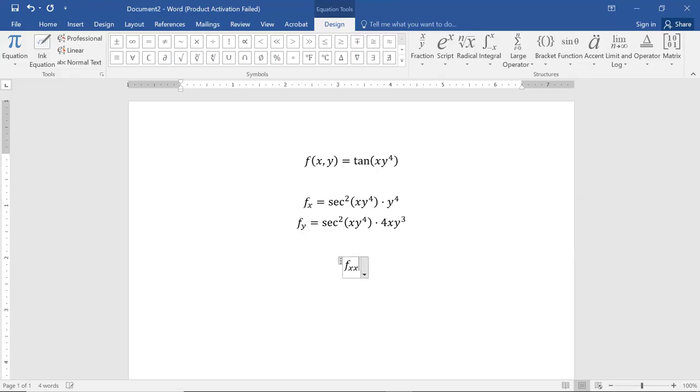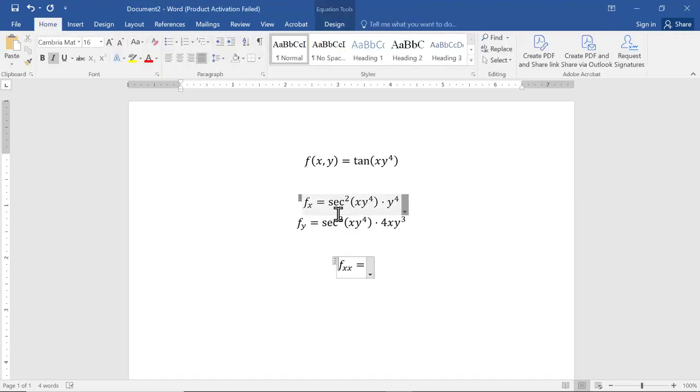My second partial derivatives, let's do f sub xx first. Notice this y to the fourth is essentially just a coefficient of the secant squared. So when I take the derivative with respect to x, first off, this y to the fourth is just going to be kind of like a coefficient. And then I'm going to look at this as secant squared.